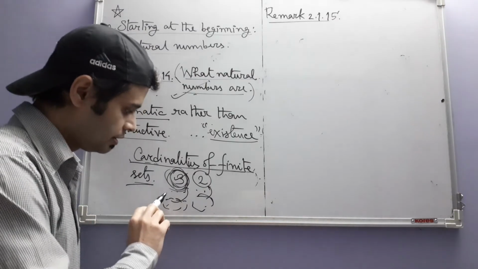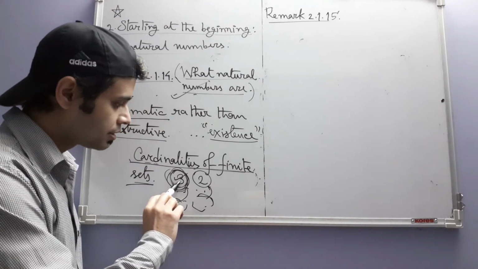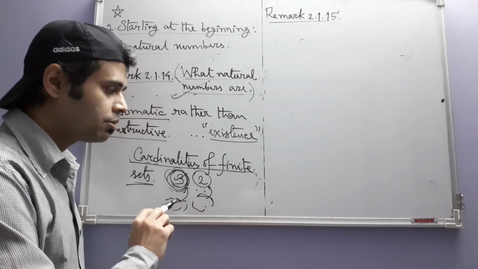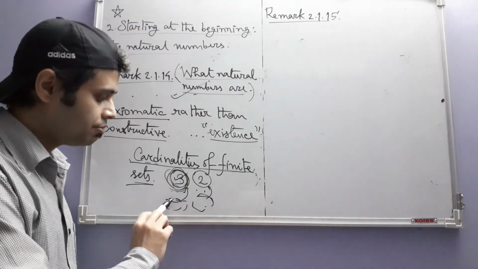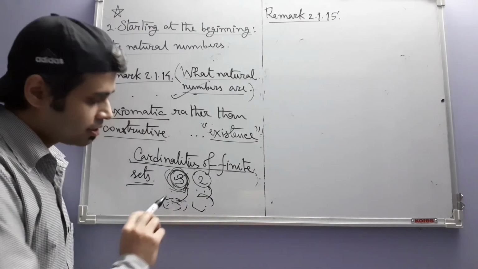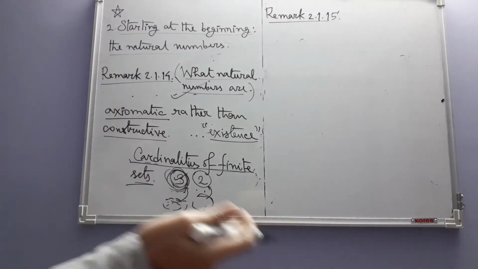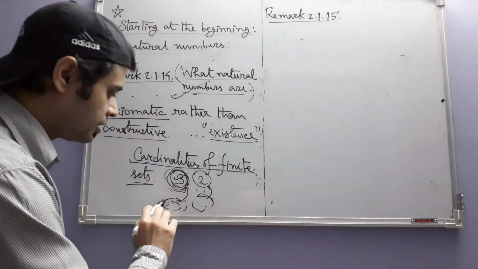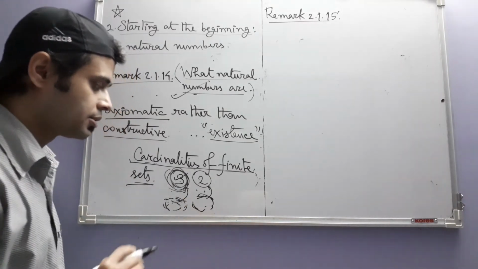So for instance, if you think of these numbers 3 and 2, then they can be conceptualized very well using sets of objects. 3 something, okay, some 3 items or some 2 items.